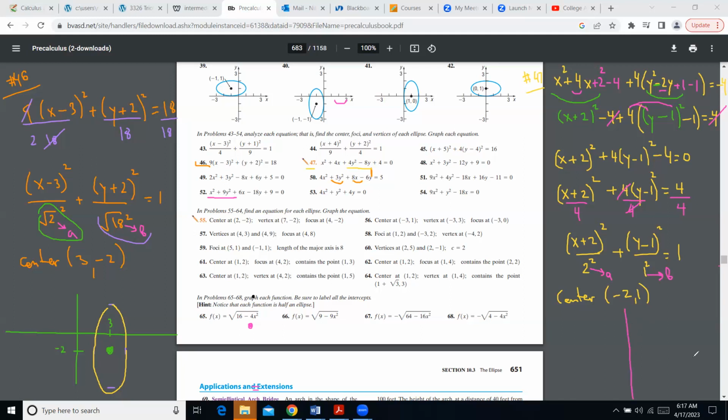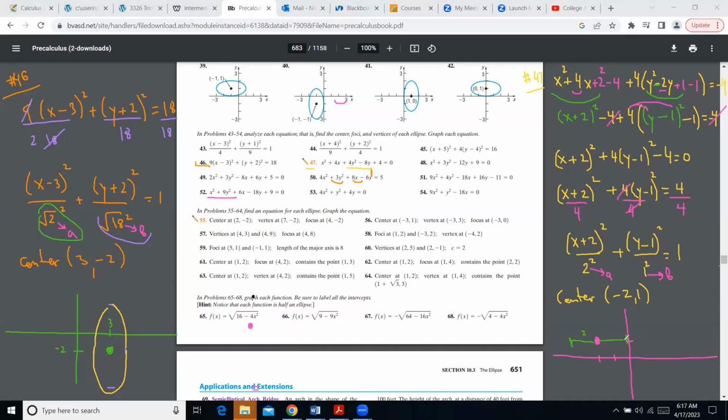So let's go for ellipse. -2 for X and 1 for Y. So here's our center. And now I need to go left, right. So I need to go A, which is 2. So this ellipse will exactly touch the axis, right?